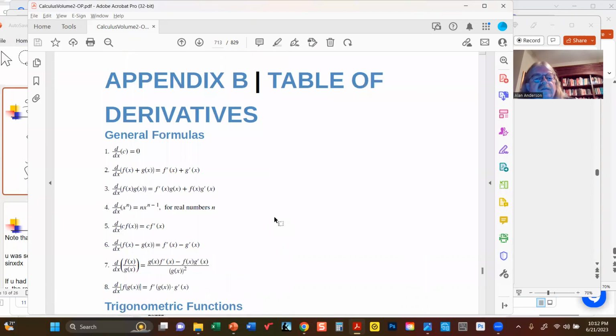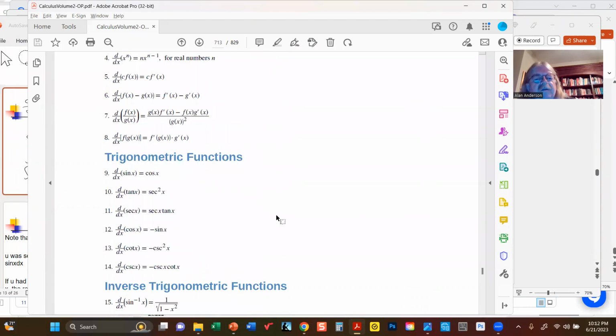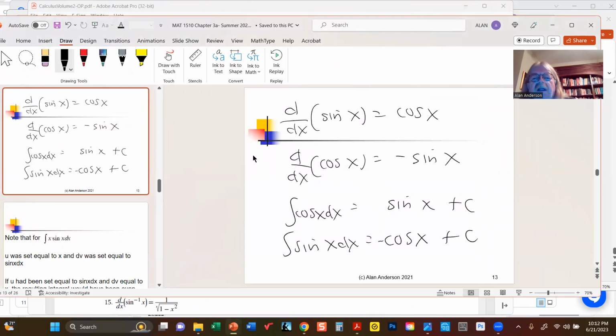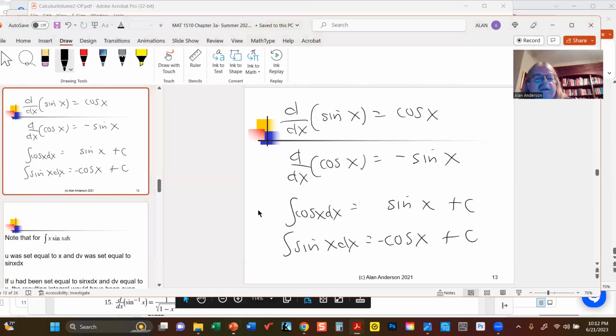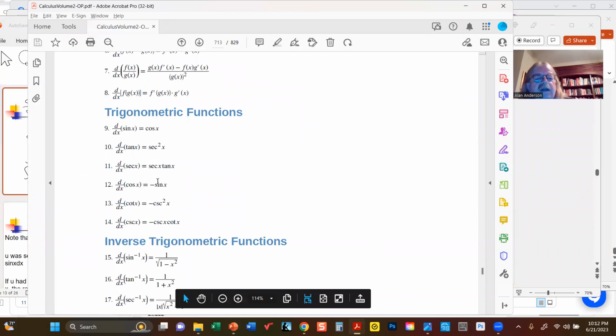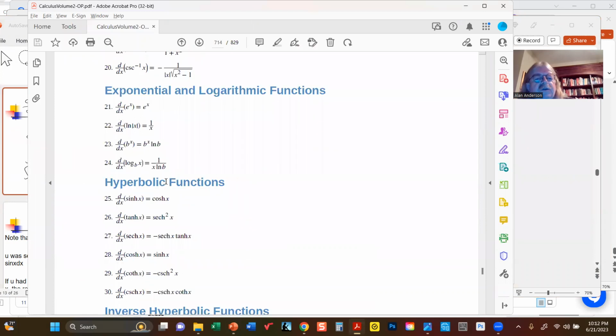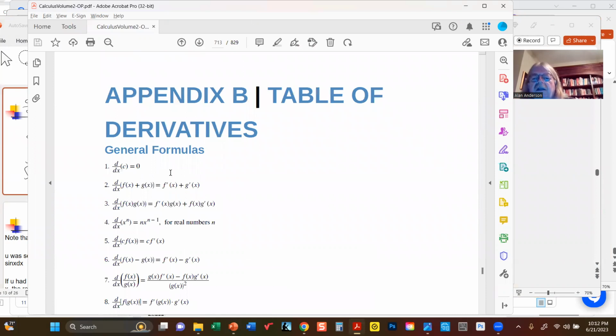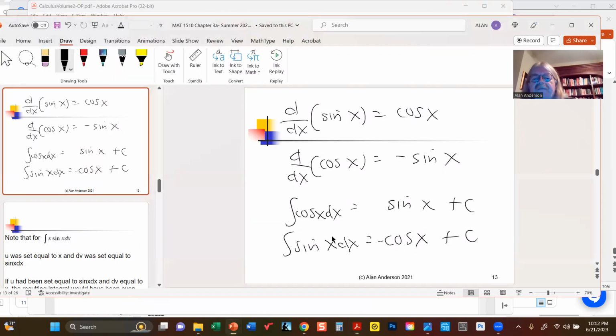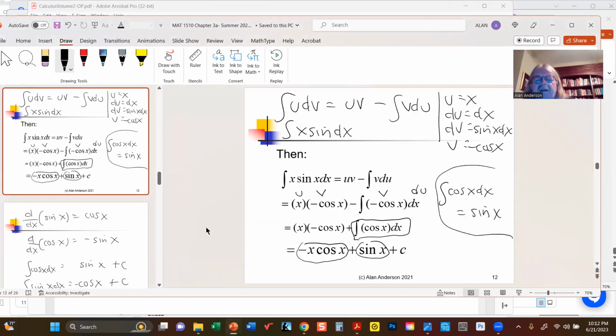By comparison, these are a piece of cake. Derivative of sine x is the cosine of x, and derivative of cosine x is negative sine x right there. All right, so we're done. This is the final answer right here.